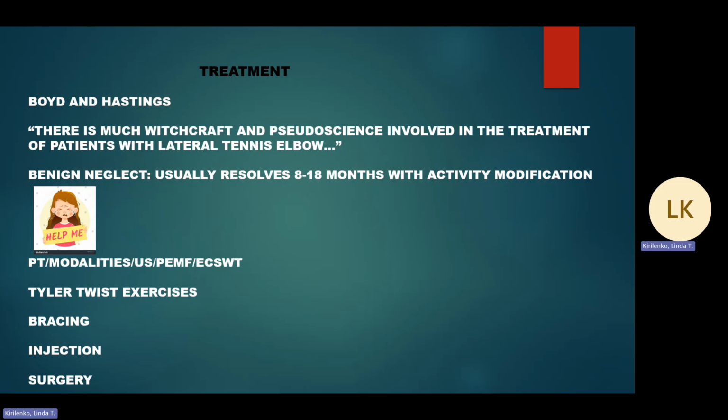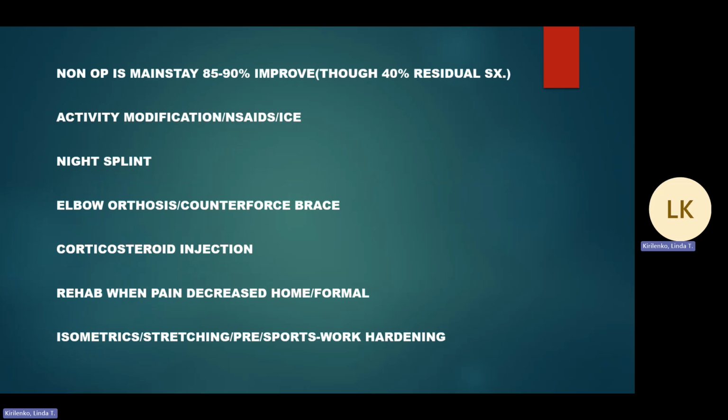Injection can be contemplated, and ultimately for recalcitrant symptoms one can consider surgical intervention. Non-op is the mainstay, with 85 to 90% of symptoms improving, although up to 40% of patients will not have complete resolution of their symptoms.